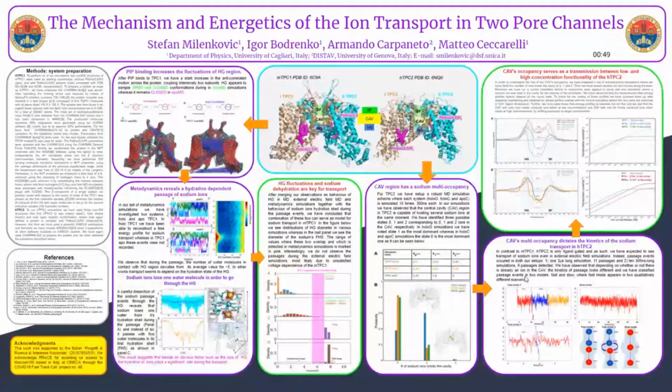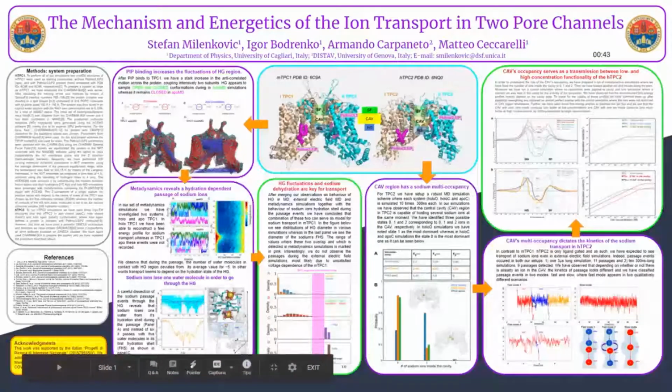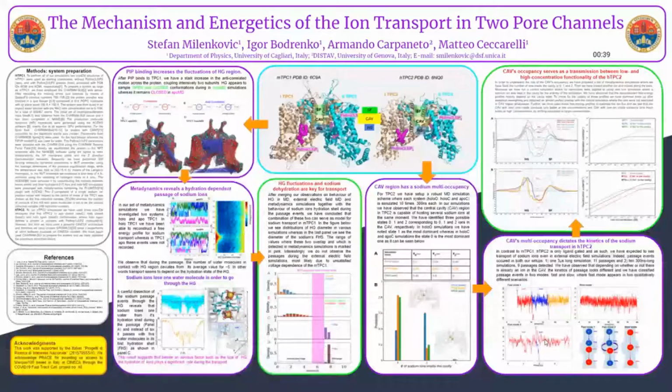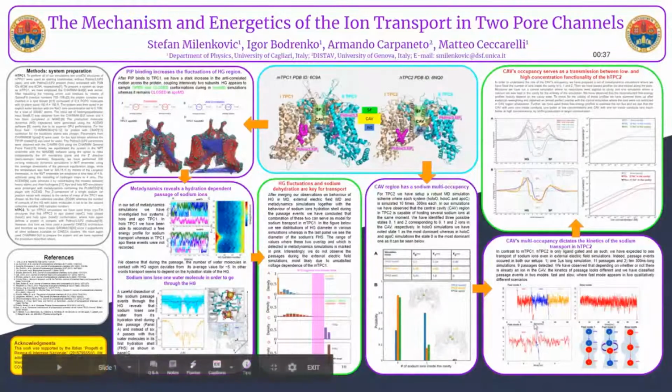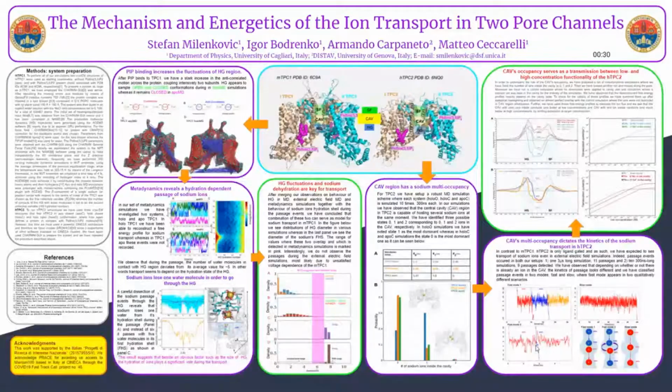Either the second ion comes while the first one is in the cavity, and then the first one leaves and the second takes its place in the cavity, which resembles a bit the knock-on mechanism seen in calcium channels. Or the second ion comes inside, dwells a bit with the ion that's already there, but then leaves.